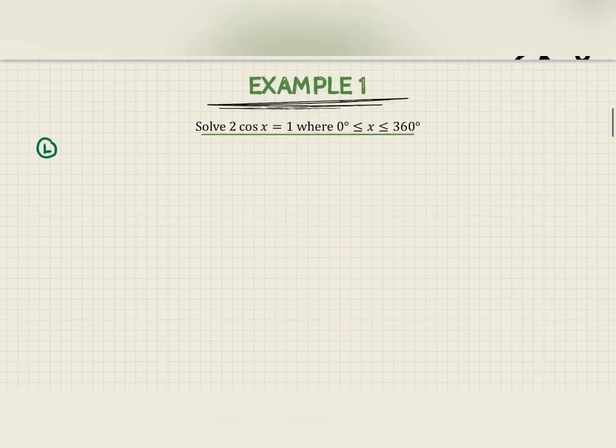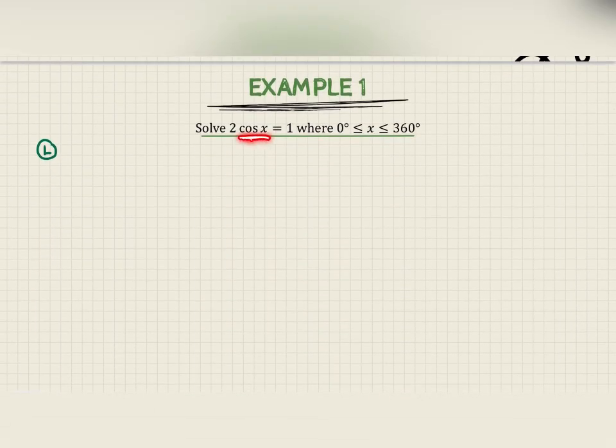So kalau tengok dekat soalan ini, the highest power of this trigo cos 1x kan. So dia adalah linear lah. Okay, tapi coefficient dia kat sini 2. So kita nak buat apa dengan 2? Pindahkan ke bahagian kanan. So kat sini kita akan dapat cos x equals to 1 over 2. So that is our first L.